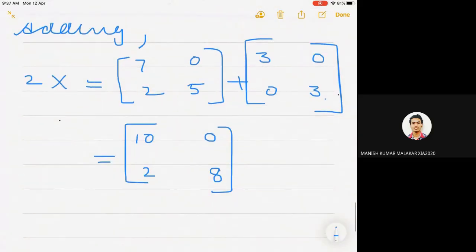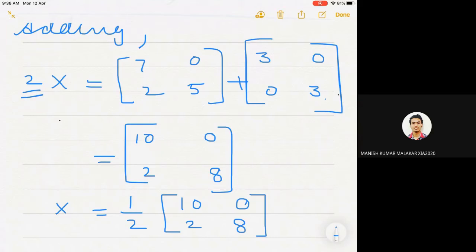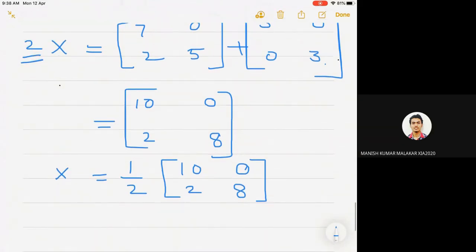Now to get the value of x, what you have to do? You multiply both sides by 1 by 2 or divide by 2. Divide by 2 means it is 1 by 2 of 10 0 2 8. This is nothing but your scalar multiplication. And scalar multiplication, just today only we learned that every element you have to multiply with a number outside.